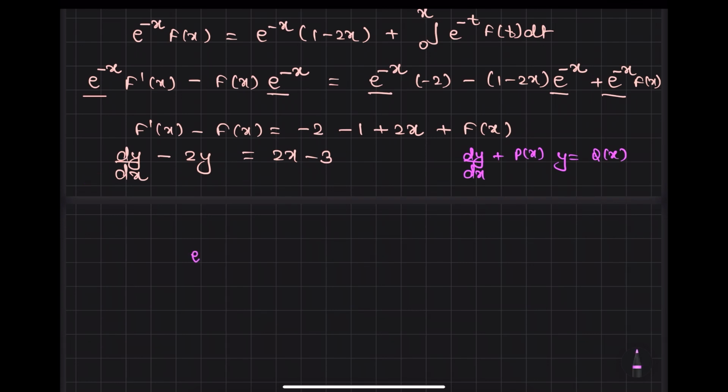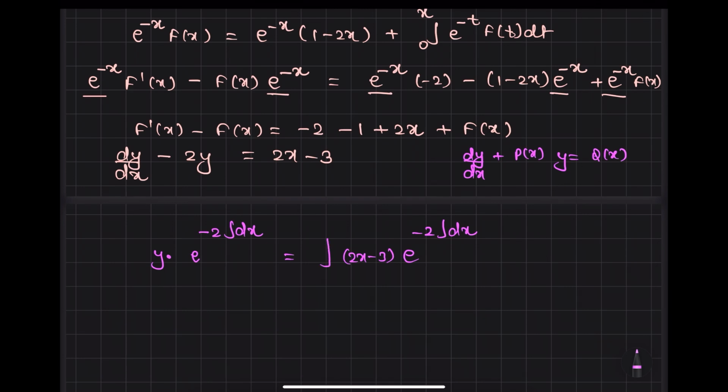We write the integrating factor e power integral of p of x dx, which is e power minus 2x here. Then we have q of x, which is 2x minus 3, and then here we will write y.